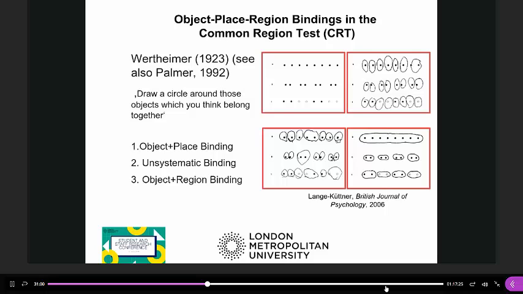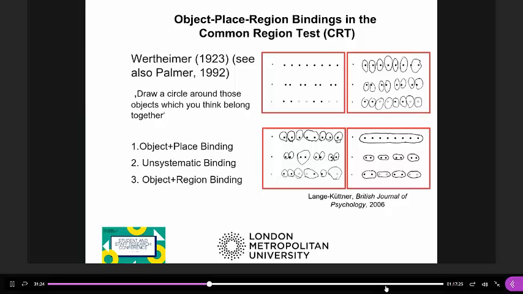So what you can see here is an array where the dots are grouped according to Gestalt principles. The first row is where all the dots are equidistant, that is, they have the same distance and they are all the same. In the second row, they're also the same, but one of the Gestalt principles is proximity.